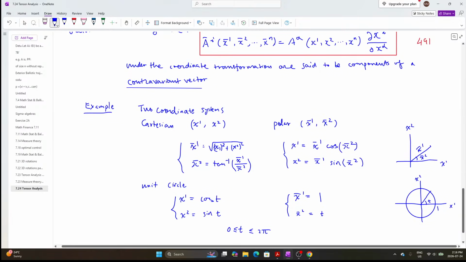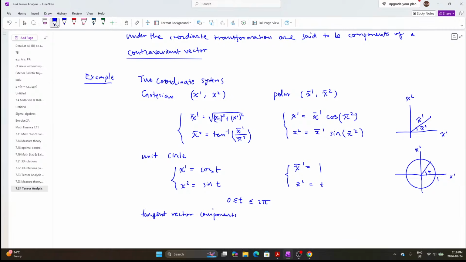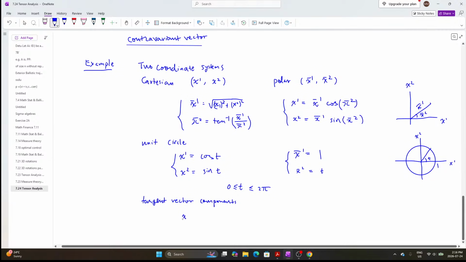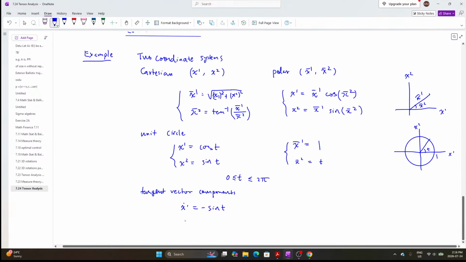So now let's verify this transformation law. What's the tangent vector? In fact, what are the tangent vector components? We've been talking about components. I'm going to use the physics notation. Let's write x1 dot is minus sine of t, and x2 dot is cosine of t.